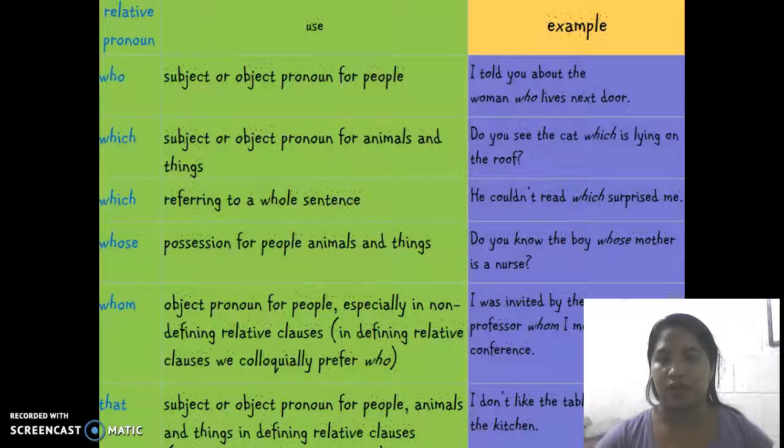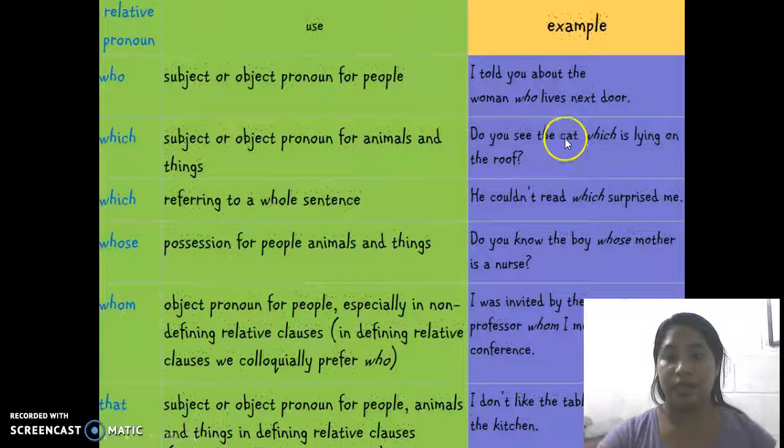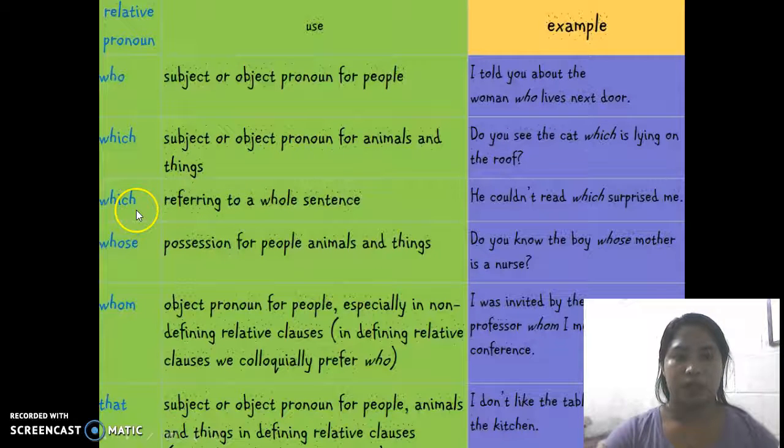It's a question. So the animal is here, and which is the relative pronoun.